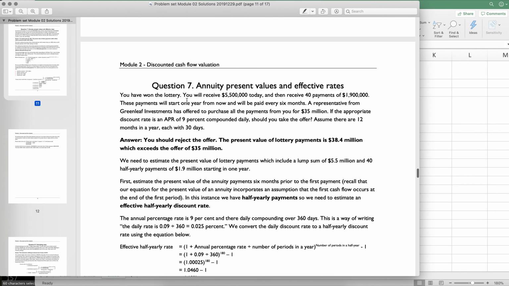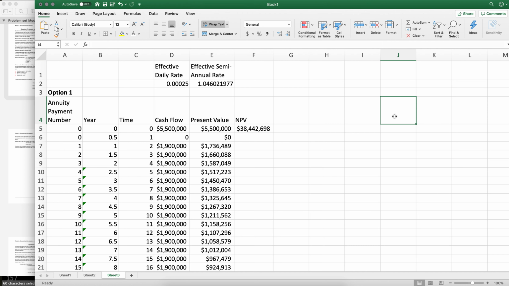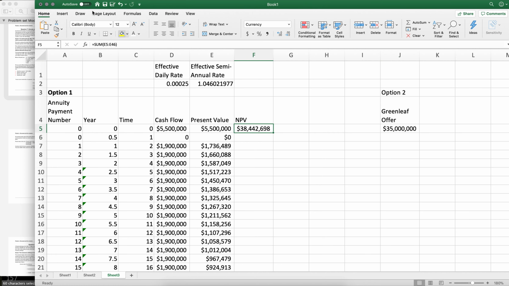And the other offer was 35 million, so let me write option 2 out here. Notice that the NPV on this project is higher than the NPV on that offer, and so we're going to keep the annuity, or this lottery payment. We're going to keep our rights to the stream of lottery payments.